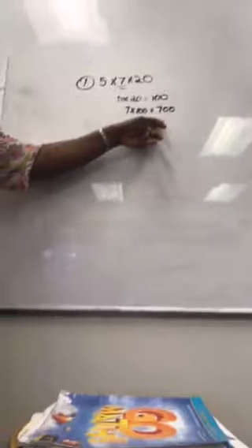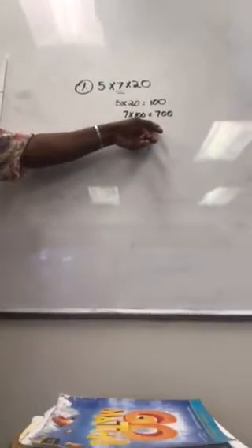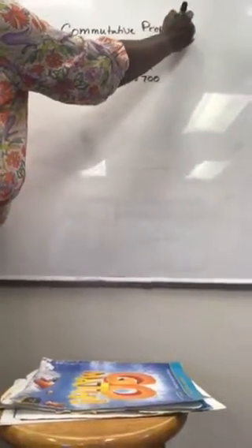Now I'm able to multiply and come up with my total answer. Again, this is using the commutative property to change the order of factors to come up with my final answer. That's number 1. So I'm going to label it commutative property. Okay?